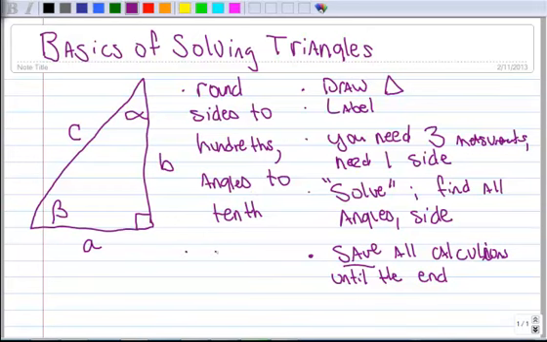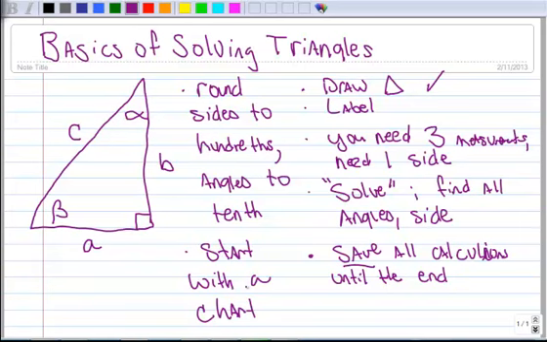And then the next thing we're going to do is, well, we started with the triangle, so next we're going to start with a chart. And I will show you in this example what I mean by a chart.